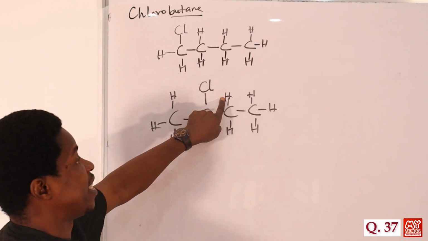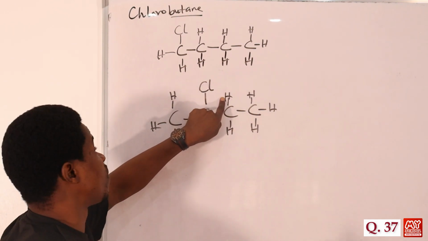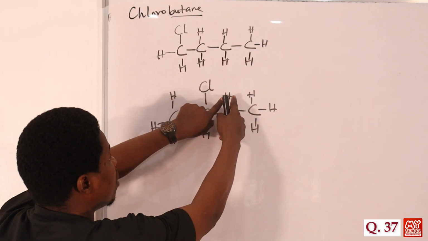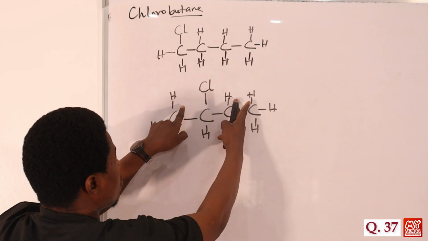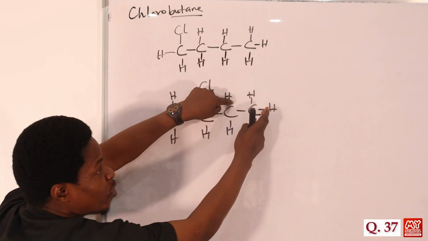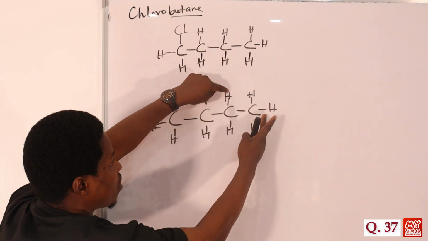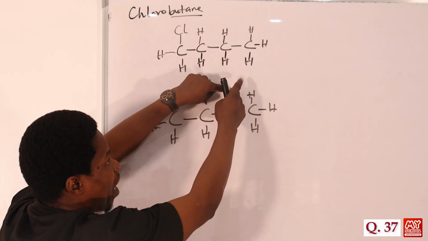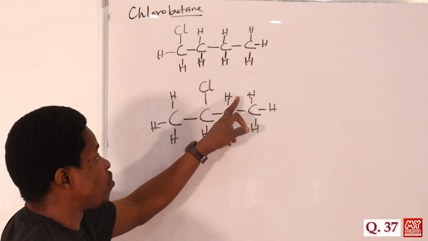If you move it here for another compound, because like I said, there are rules we must follow, you can say, oh, it's on carbon 3. But don't forget, you can also make your counting from this point. So if you put the chlorine here, it becomes carbon 1, carbon 2. So it is still on carbon 2, and you have already drawn carbon 2. So there's no way we can move chlorine to any of these places again.